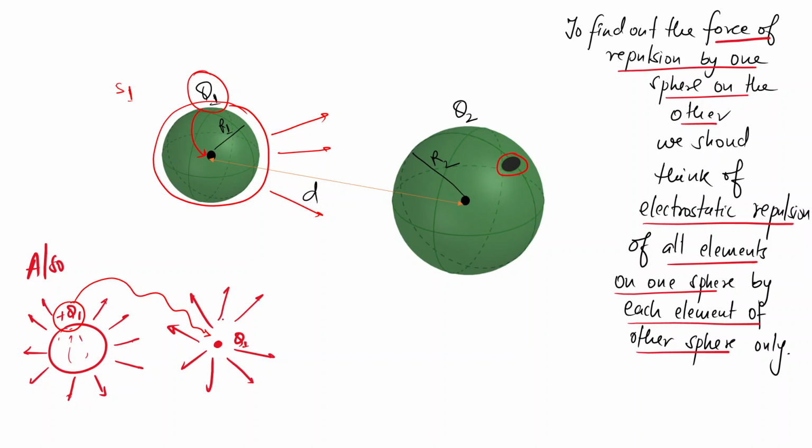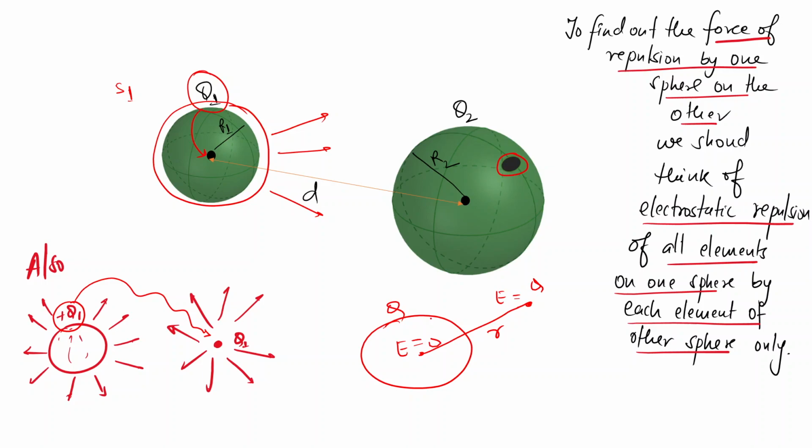We can easily prove it through Gauss law, but I'm not going to go into this. So suppose we know that inside a charged spherical shell, the electric field is 0, and outside, if you have, let's say, charge Q here, the radius of the spherical shell doesn't matter, only this distance matters.